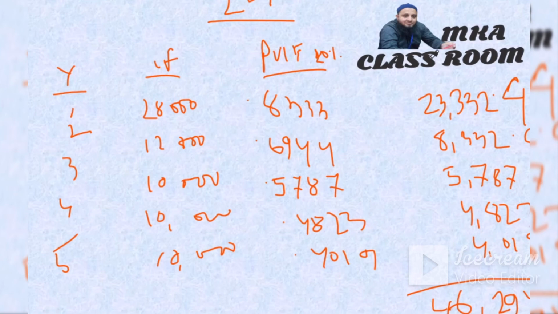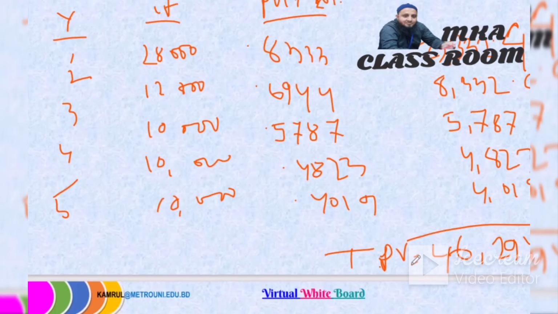If we multiply this data with our cash flows, then we get 23,332. In this way, total present value shows 46,294.2.